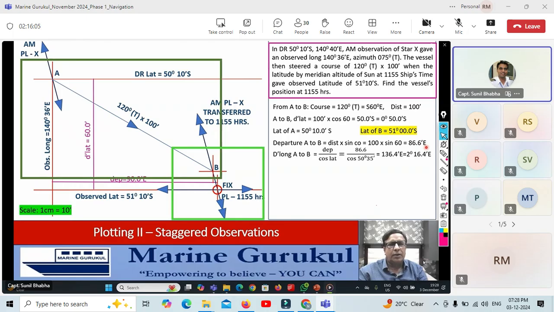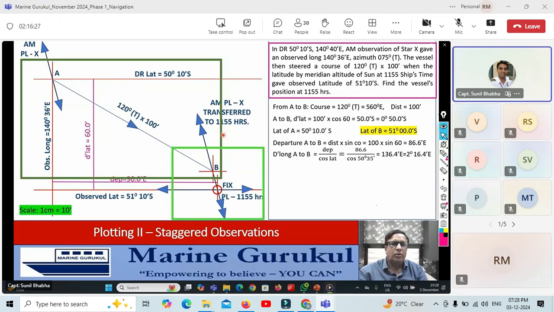Now we can convert this departure into d long using the parallel sailing formula. D long will be equal to departure upon cos of lat or cos of m lat, as the case may be, and we get D long as 136.4 minutes east, which translates to 2 degrees 16.4 minutes east.